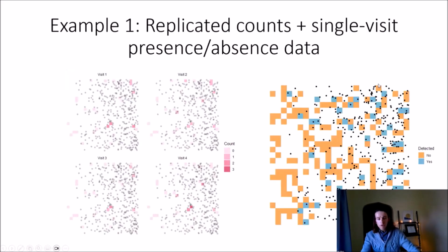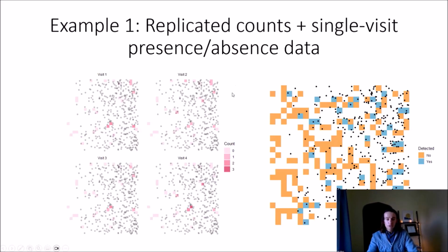And so I've got 4 coding demos set up today. I think we'll probably only have time to get through the first, maybe 2 of them. The first demo that I'll be sharing with you is an iSDM that combines replicated counts with single visit presence absence data. So this is an example where maybe you have count surveys where you're going out and surveying a pretty small number of locations within your focal landscape.